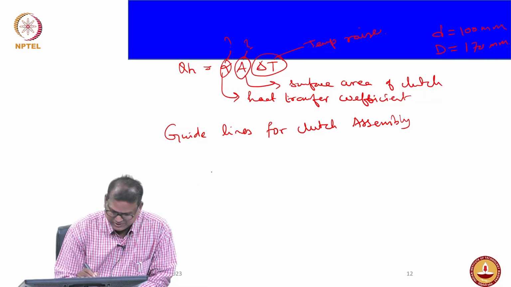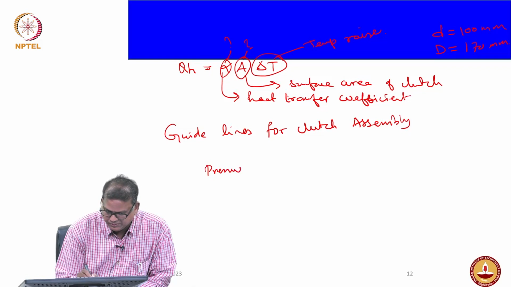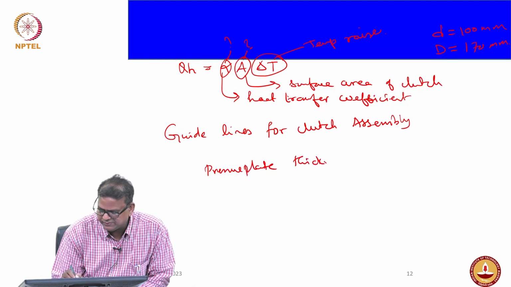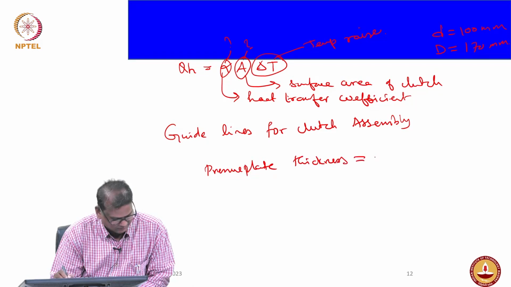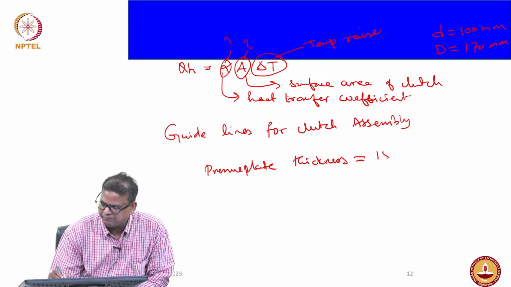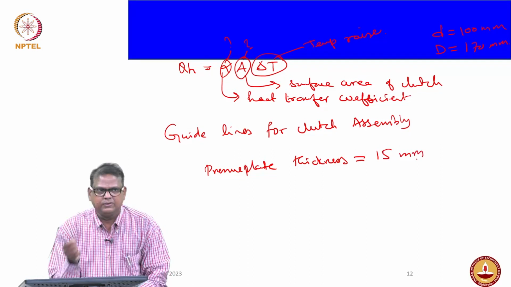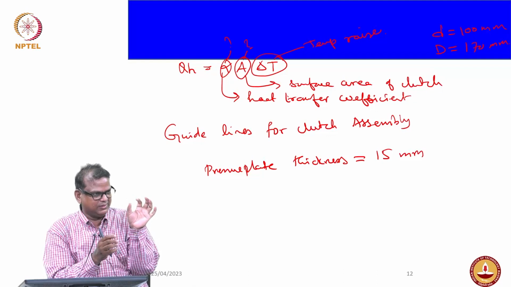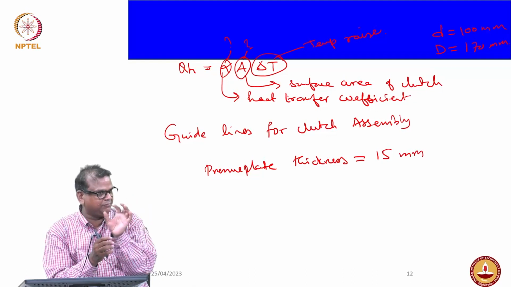The pressure plate thickness, usually you can take generally a maximum of 15 millimeter. You have seen the thick plate where a diaphragm is attached; the pressure plate thickness will be 10 to 15 millimeter.